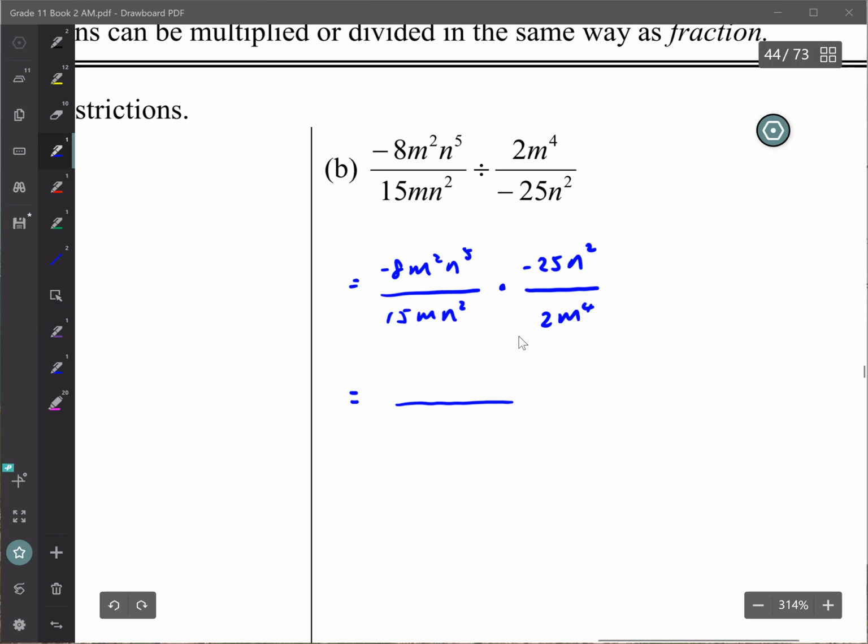Have you finished multiplying the two fractions? Please raise your hand.